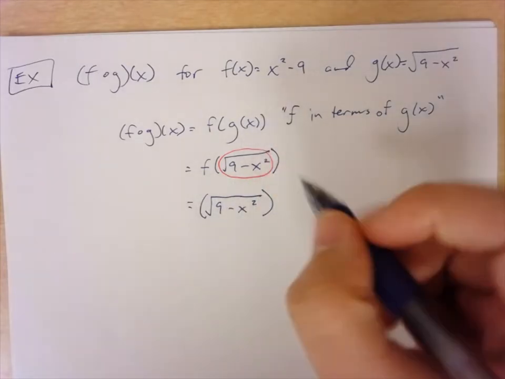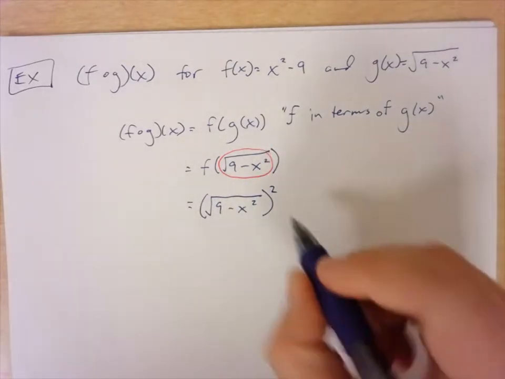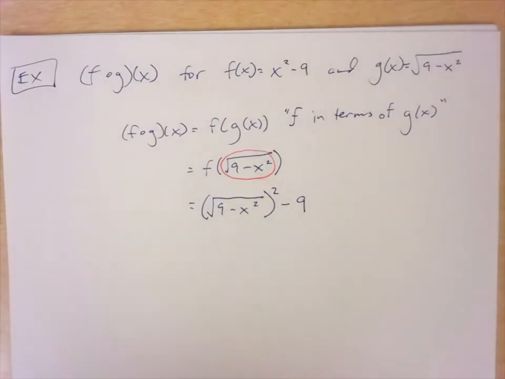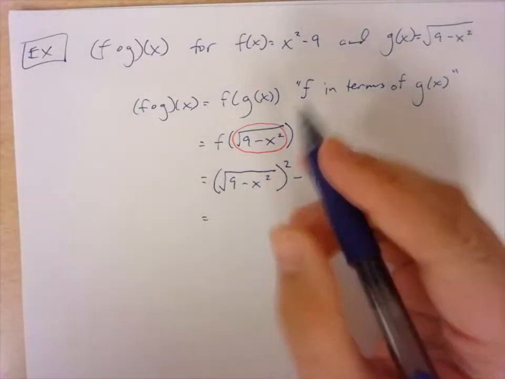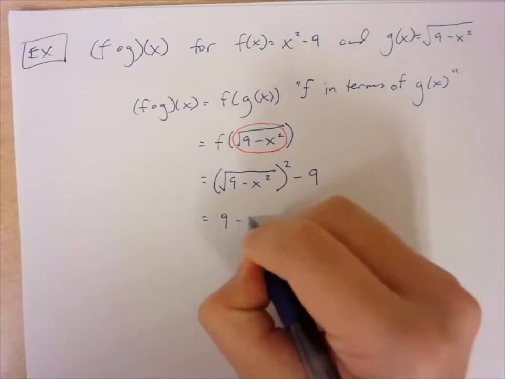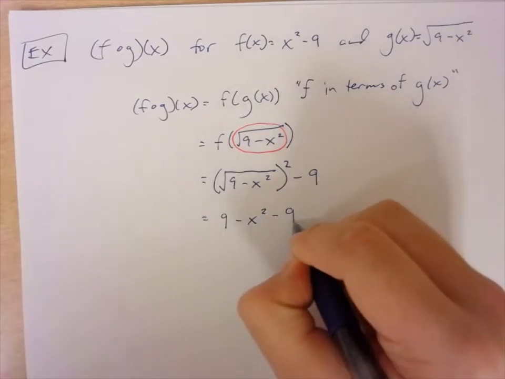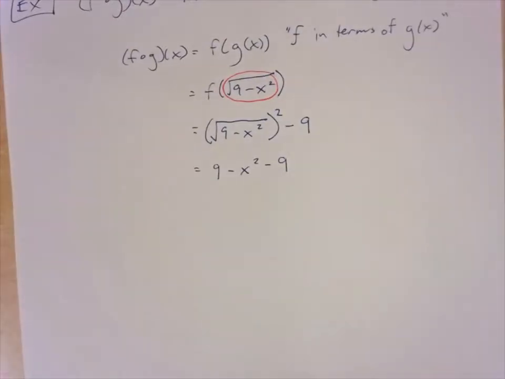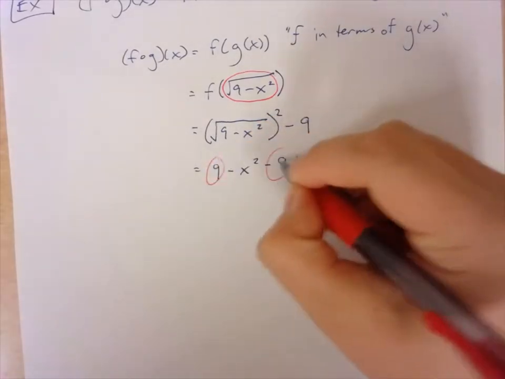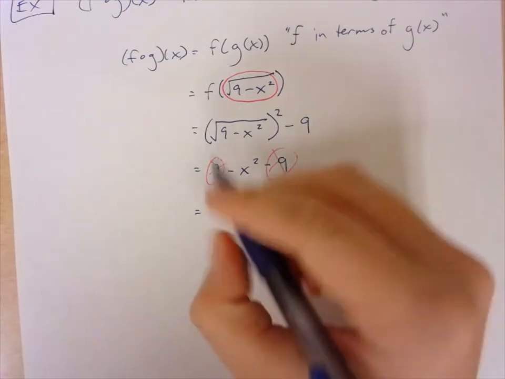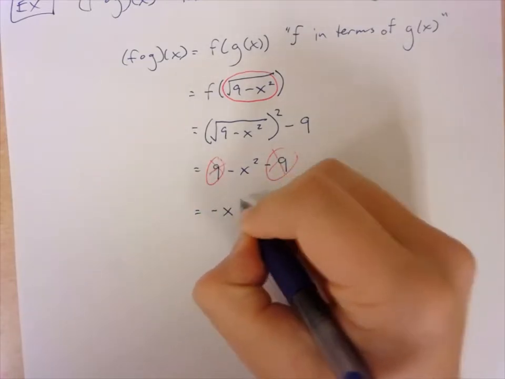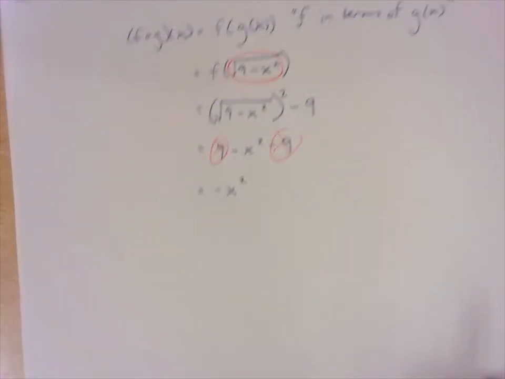We have to make this whole thing squared, and then we have to subtract 9. And when we square away this radical, we just lift the radical off the expression, we get 9 minus x squared minus 9. And as we can see here, these 9s would cancel each other out. And so we're left with the new function f of g of x is equal to negative x squared.